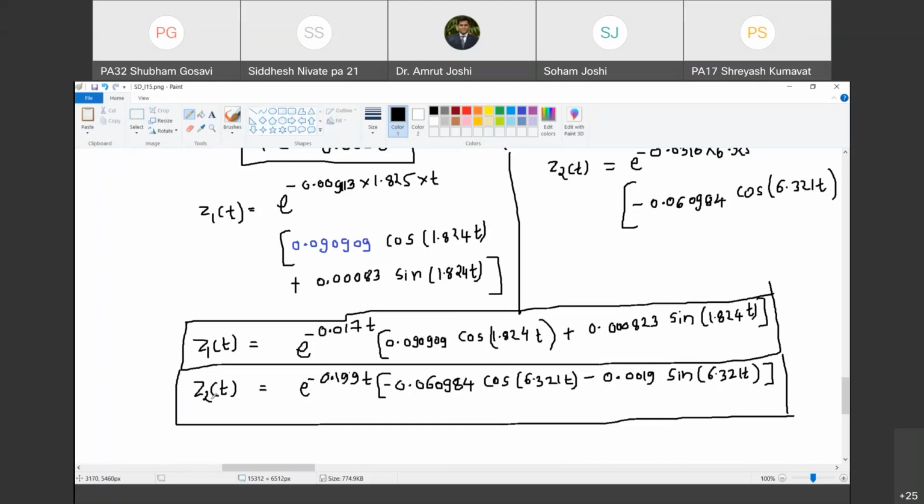Yes, so you have to understand, as we go to the higher modes, their responses inherently decay faster. Are you with me? Yes, sir.